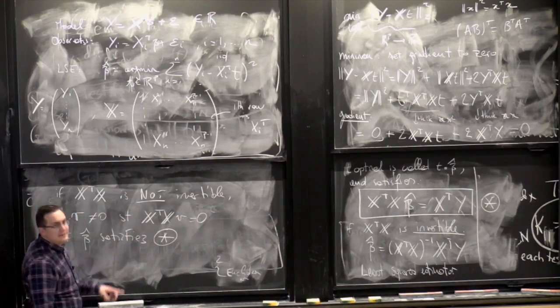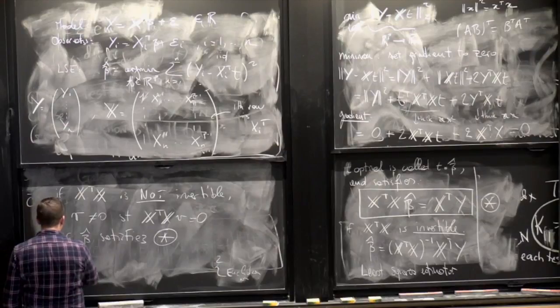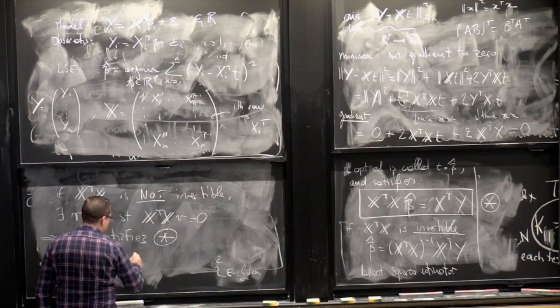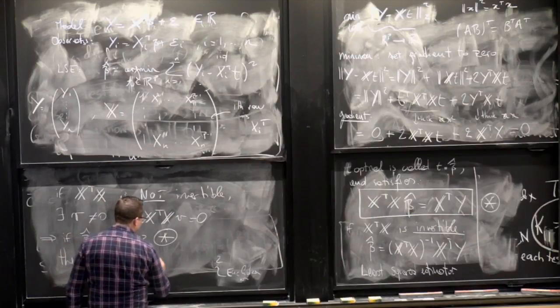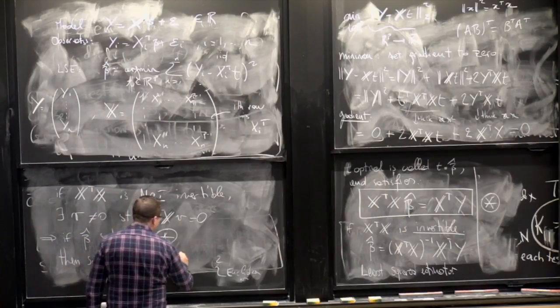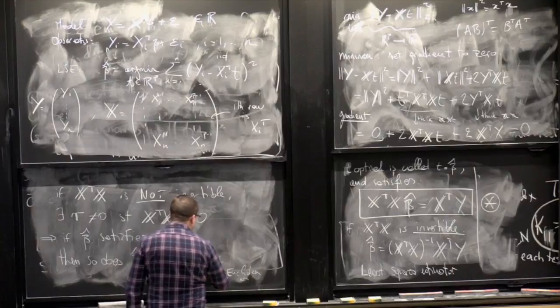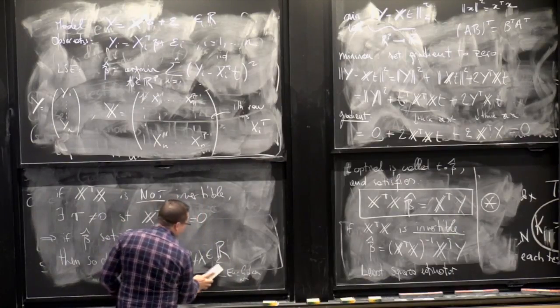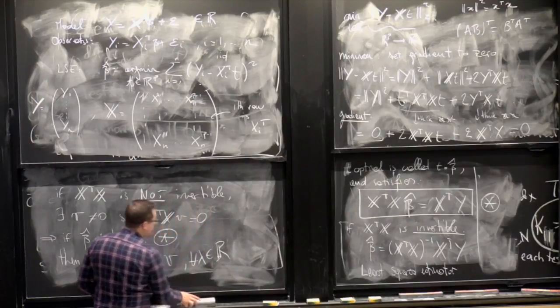So if beta hat satisfies star, then so does beta hat plus lambda V for all lambda in the real line. Right?